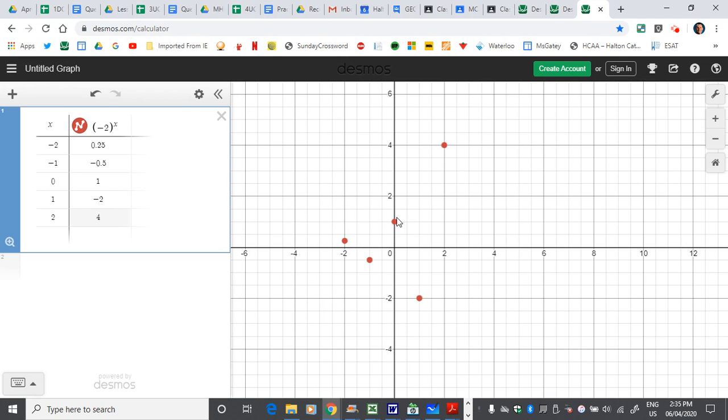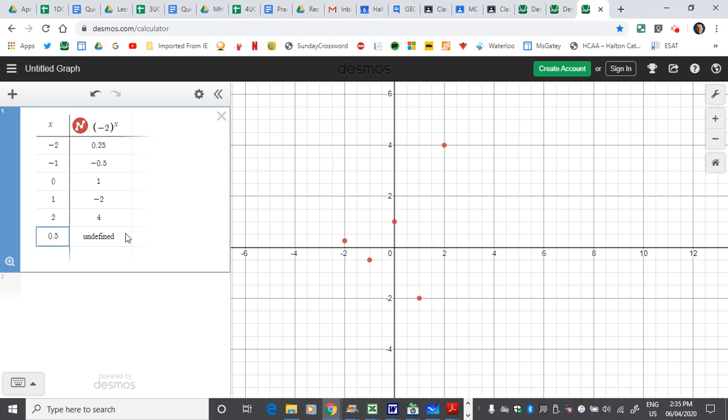Now, why can I not connect my curve from that y-intercept of 1 down to that value at 1, -2? For me to be able to connect those 2 points means that there must be a point in between them. If I went exactly in between them, and I want to examine what happens if I have an exponent of 0.5, you'll see in our table that we get an undefined.